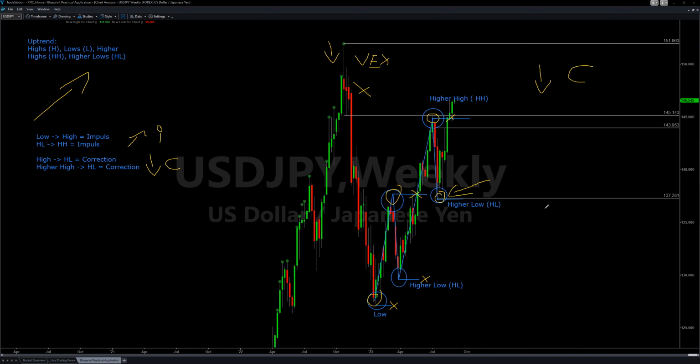It's not possible for us to expect more profit margin below the 137.281 because this is our higher low. If we short this area here, we expect that the price drops, but this is only the correction, okay? It's not allowed to violate the pivot, remember, okay? Means we know our maximum profit margin here.